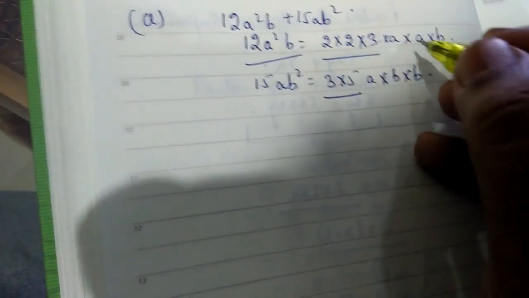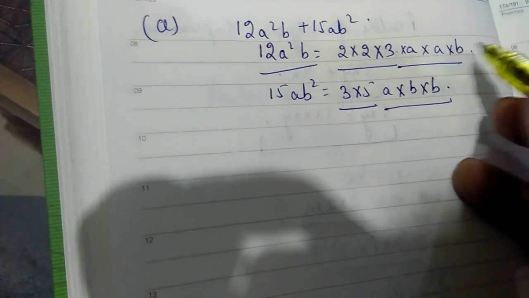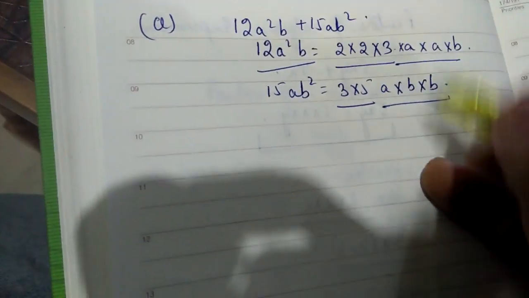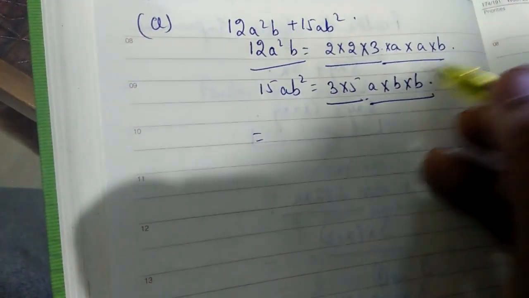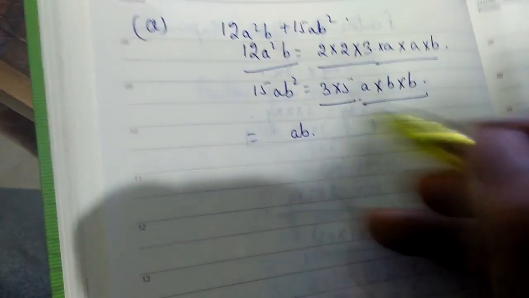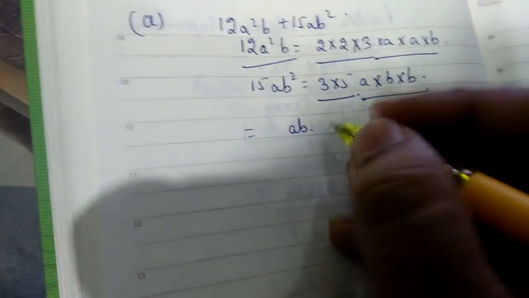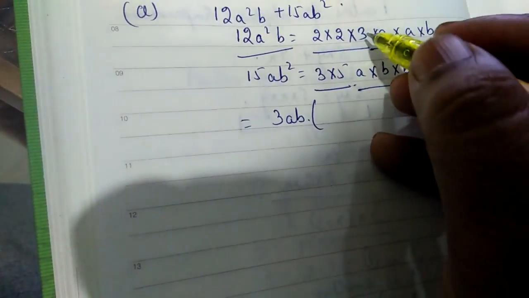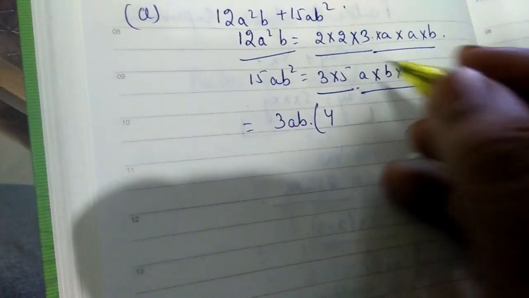So if we see the above two terms which have been broken into factors, we see that a and b are common, we can take it out. And 3 is common, so 3ab. So what is left in the first term is 2 into 2, 4.